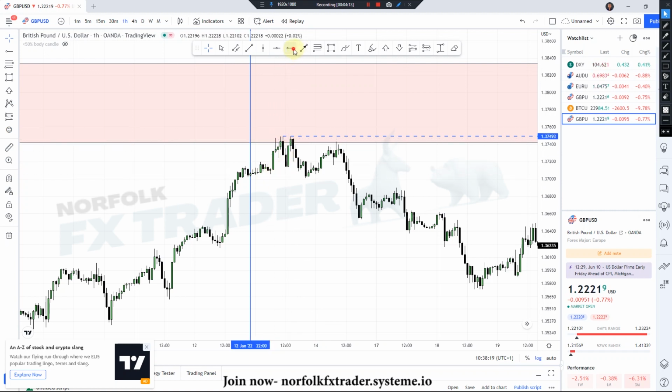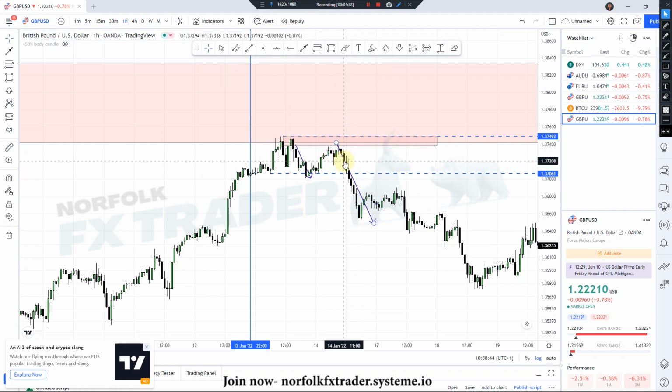We don't actually break any structure at this low here until this push down. Now for me, if I was using the last candle, I'd probably use from this high and this last bullish candle here as my area of supply. You can see the market dropped away. Then we pull back in for that supply zone for entry to the downside. That is how I used it on a candlestick approach using that reversal.